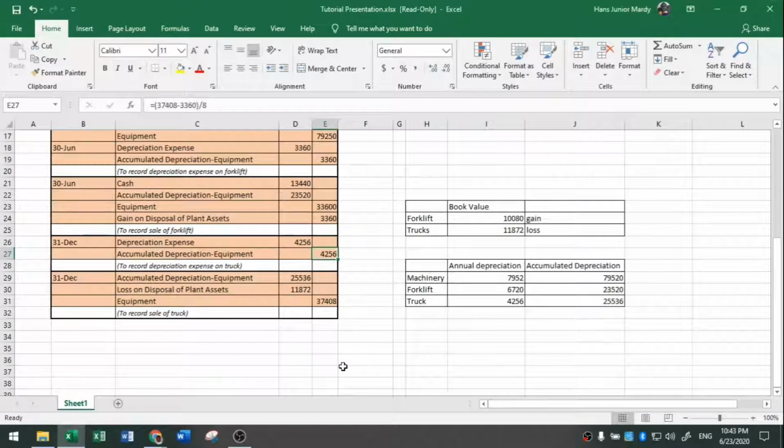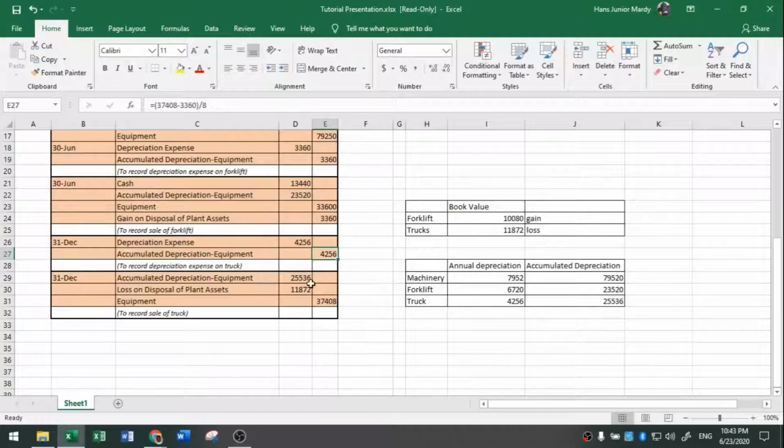Next, to record the sale of the truck, we had to note the accumulated depreciation for the equipment. The accumulated depreciation is calculated by multiplying the annual depreciation by the number of years that the company has used it.